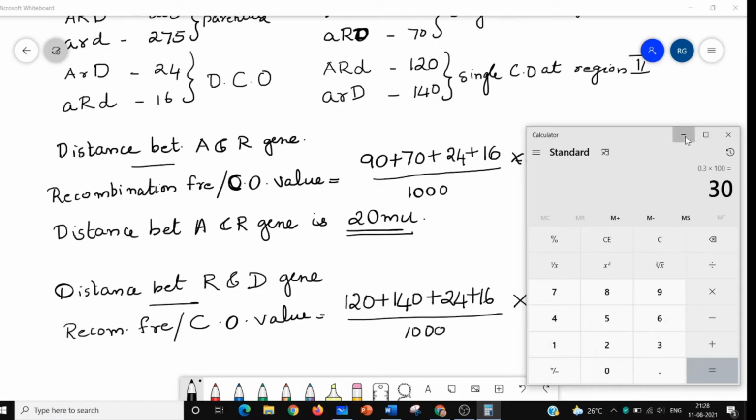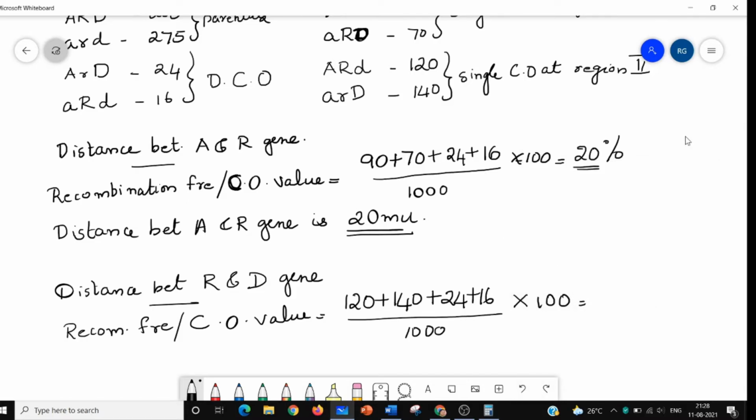So the answer is 30%. And thus we conclude that the distance between genes R and D is 30 map units.